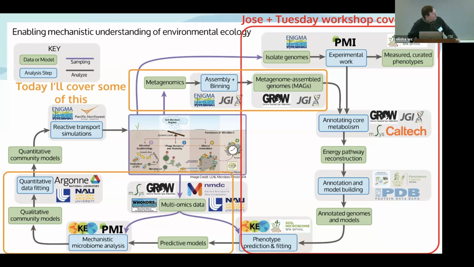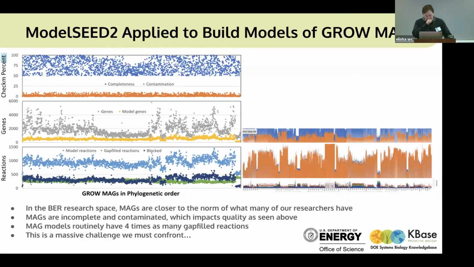And Jose talked about this first step of being able to turn MAGs into energy accurate predictive models. And now I'm going to talk about this other step of actually doing community simulations, so combining models together to do a community simulation. So we applied ModelSEED2 to build models of the Grow MAGs.